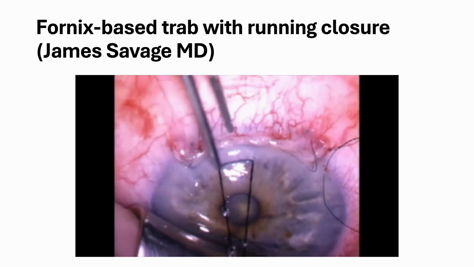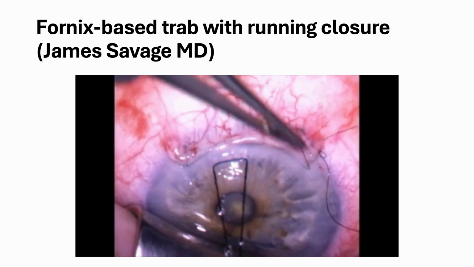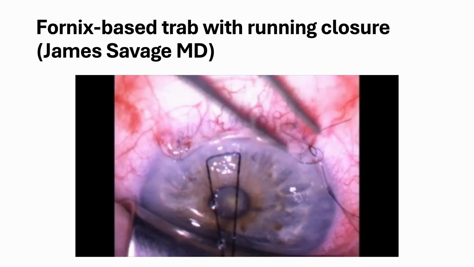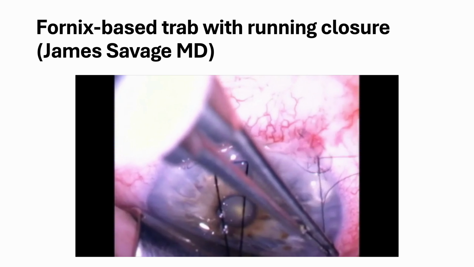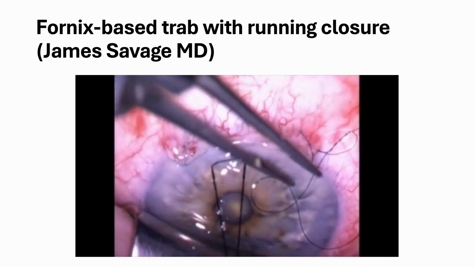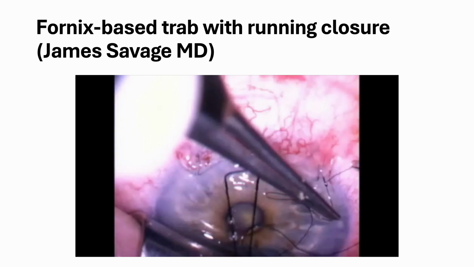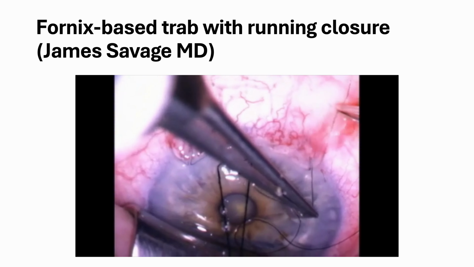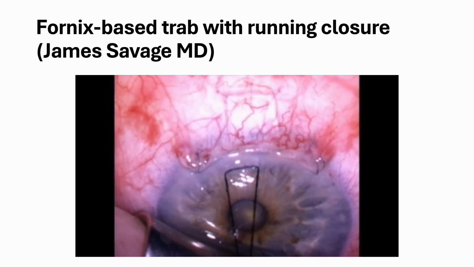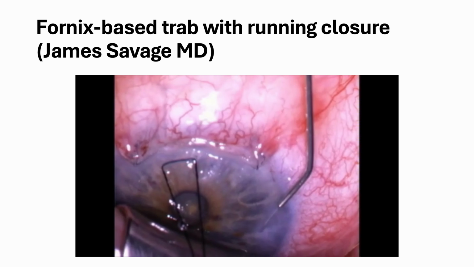Before finalizing the final knot, by tying it to the remaining anchoring suture, excess slack is pulled out of the running suture. The end result is a great bleb and a watertight closure.